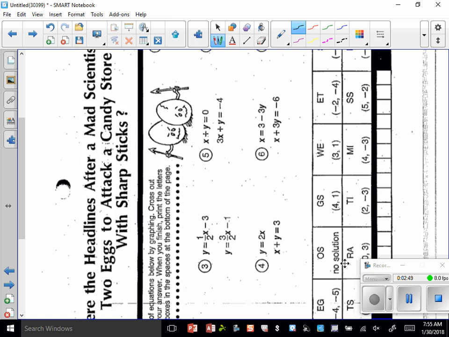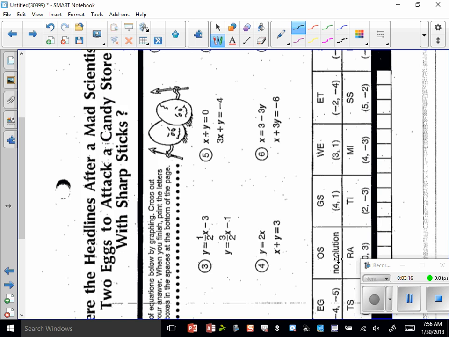So when you solve these and you see something that says y equals 1/2 x plus 3 or y equals 1/2 x plus 4, both of them have 1/2 as the slope, you already know the lines are going to be parallel. Okay, but you're going to graph it still, and then that type of answer would be a no solution type of answer.